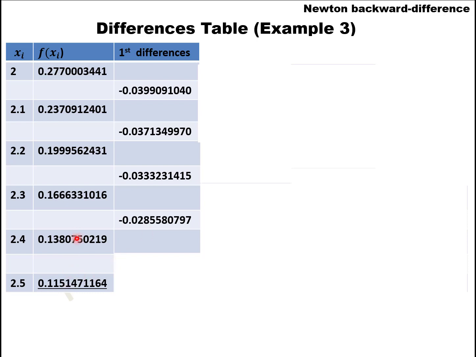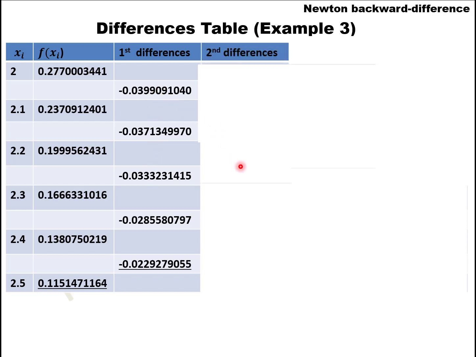f of x5 minus f of x4 is equal to delta f of x4. This value is equal to nabla f of x5. Remember, I will be using the backward. So in case of backward, this is nabla f of x5, nabla f of x4, nabla f of x3, nabla f of x2, and nabla f of x1.